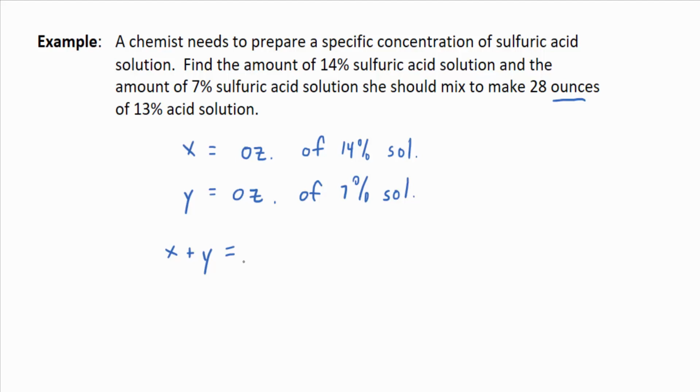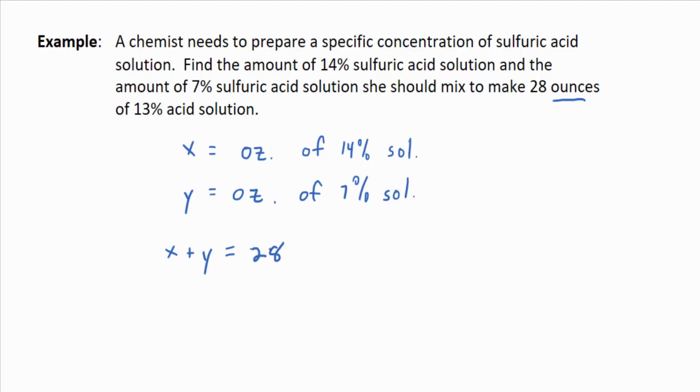You're adding X ounces of the first solution, 14% solution, plus Y ounces of the 7% solution. So what X plus Y should equal, it should be measured in ounces, right? So X plus Y should equal 28. So this is just the equation involving amounts. And in any mixture problem, you're going to have that equation.